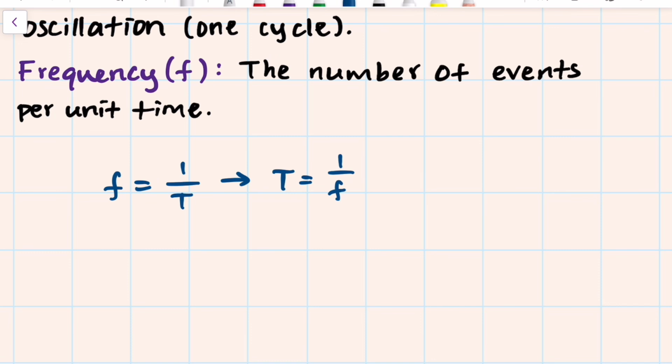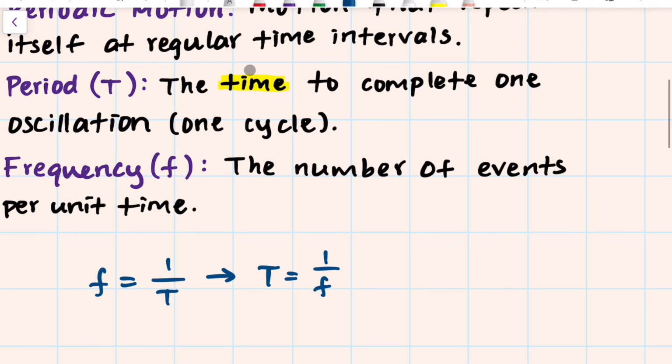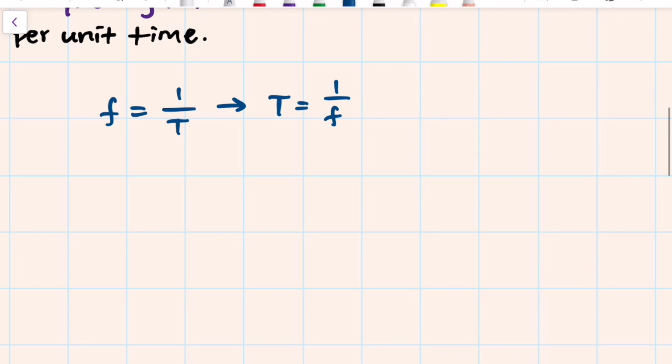And let's define the units for frequency, because we already know that the units for period are seconds, because it is the time required to complete one cycle or one oscillation. So let's start with the formula. Frequency is 1 over period. We know the unit for period is second. So therefore, the unit for frequency is 1 over second, or some textbooks have it as second to the negative 1. But the most common, I think, is hertz.